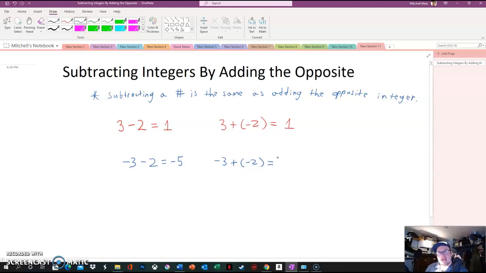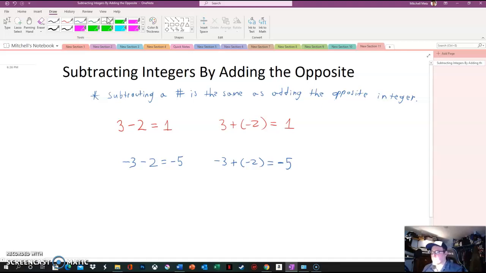And if I remember back to when I'm adding integers with the same sign, a negative plus a negative will be a bigger negative. So my answer will be a negative that's bigger. If I remember back to the absolute value method, I just have to add the absolute value of negative 3 and negative 2, and that's just 3 and 2. 3 plus 2 is 5. And that is adding the opposite integer.